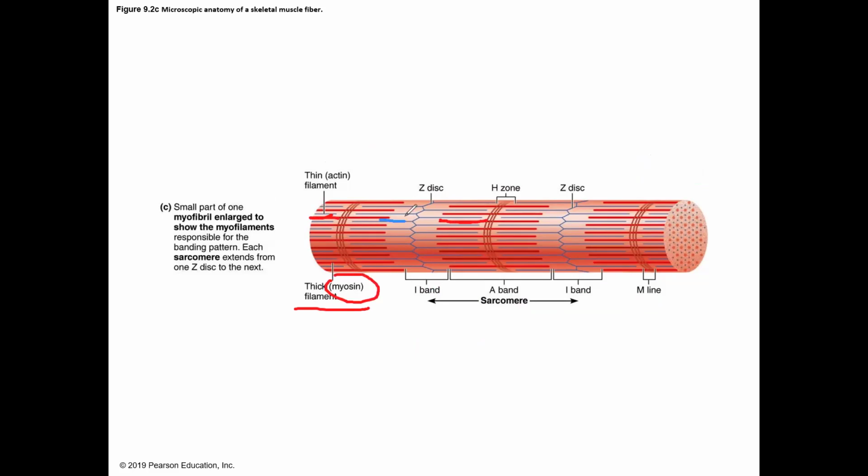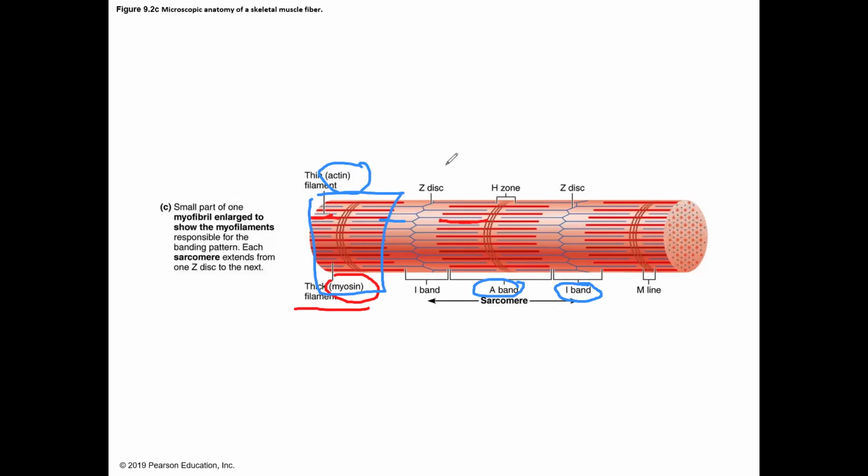The thin one is referred to as actin. And it just, to me, makes sense. If they overlap each other, it's going to look darker. So that would be our A band. And where you only see the actin, it's going to look lighter. It's going to be the I band. So what causes the striation appearance are the arrangements of these proteins, myosin and actin.